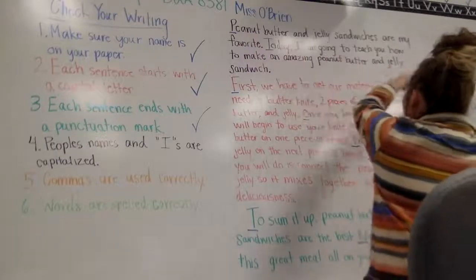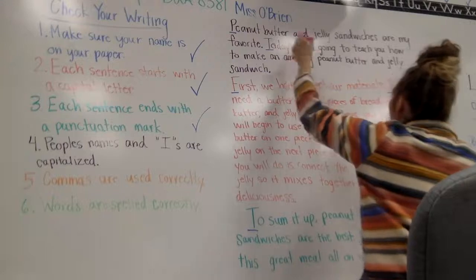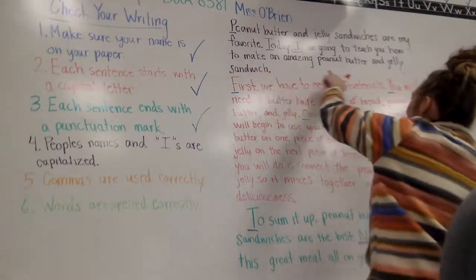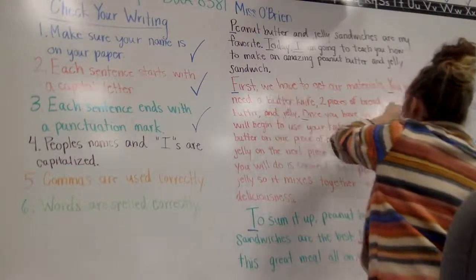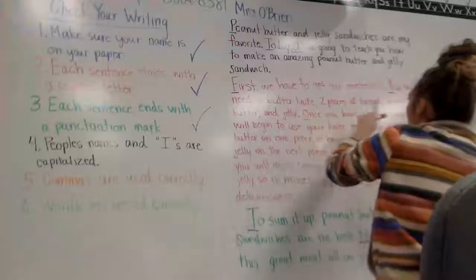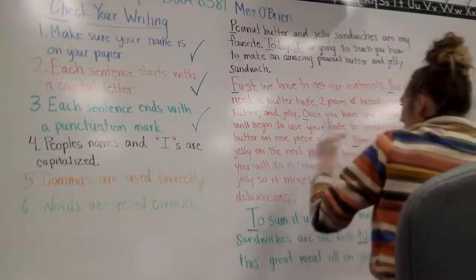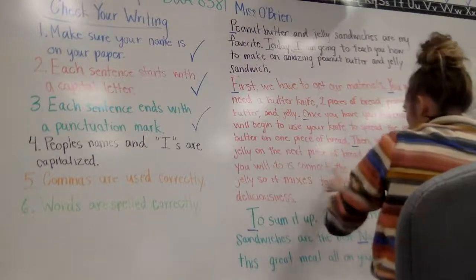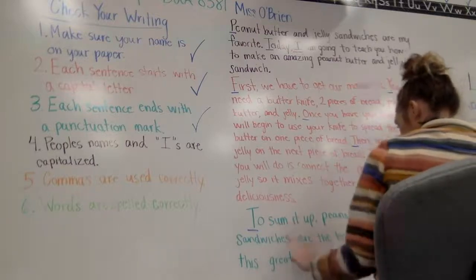Peanut butter and jelly sandwiches are my favorite today. I. That's capital, so that's good. I'm going to teach you how to make an amazing peanut butter and jelly sandwich. First, we have to get our materials. You will need, okay, I'm just going to go through and look. I don't see any more.